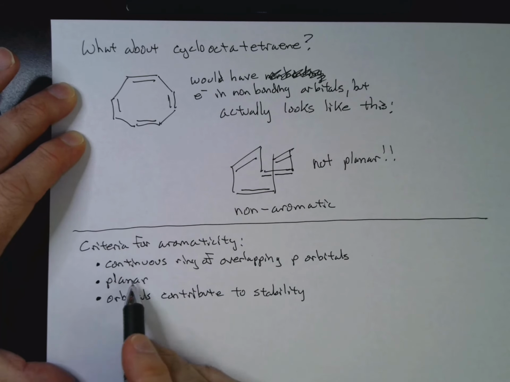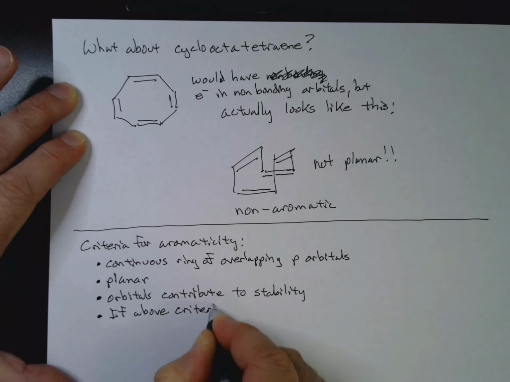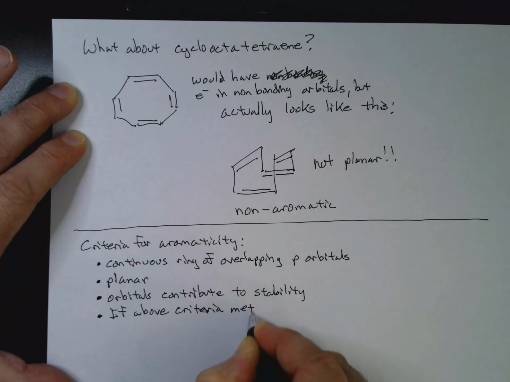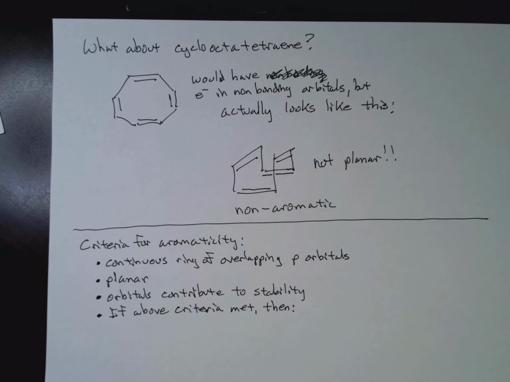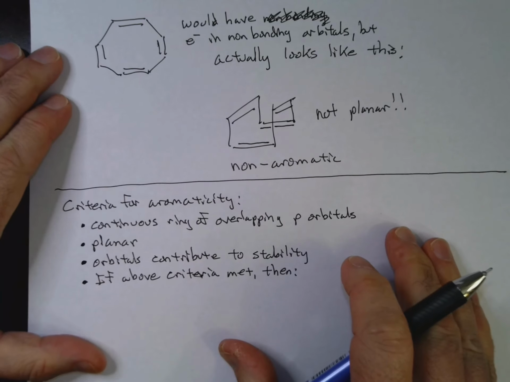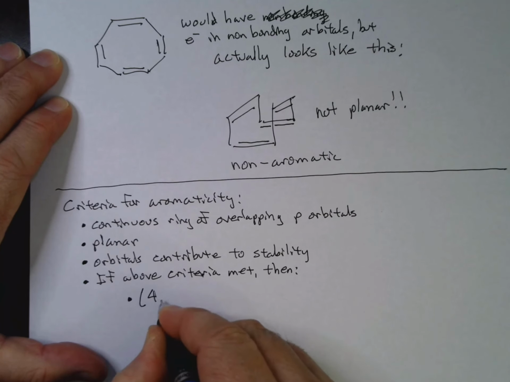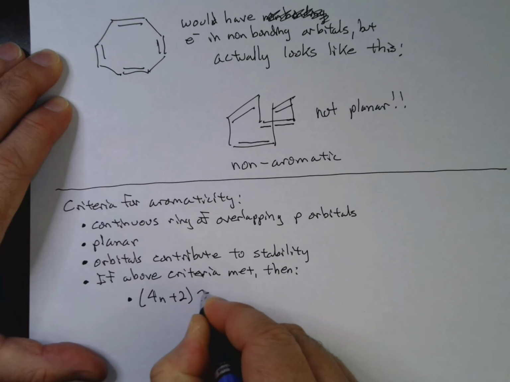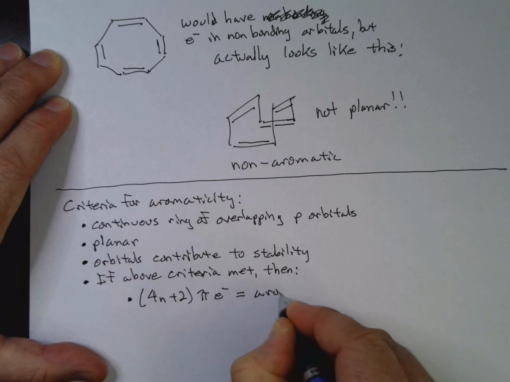So if things are overlapping and it's planar and it's stable, then if these above criteria are met, and we have 4n plus 2 pi electrons, that's going to be aromatic.